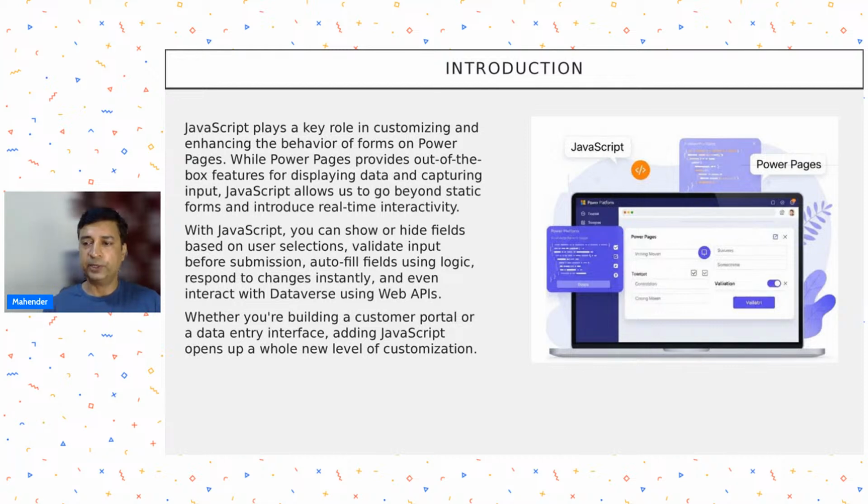Similarly, let's say a user is entering some data, and we want to validate whether this data is correct or not before it is sent to the server. That can be done easily using JavaScript.